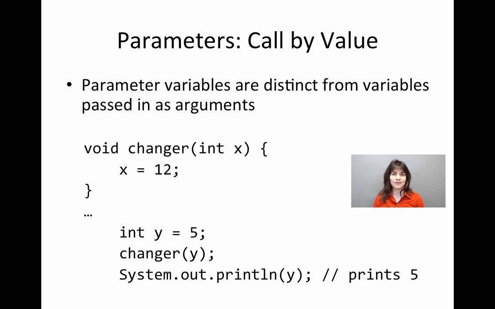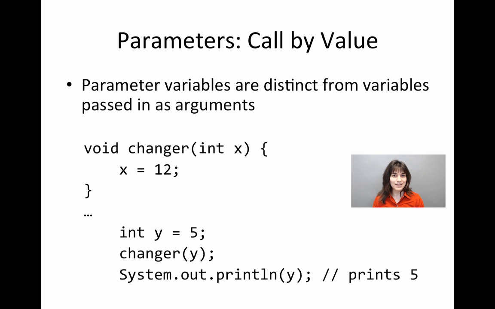So we made the method invocation by providing y as argument. Remember, this is a call by value. When the method invocation happens, what will the result be? The variable x will be assigned the value of variable y. y has the value 5, so x will be assigned the value 5 as well.